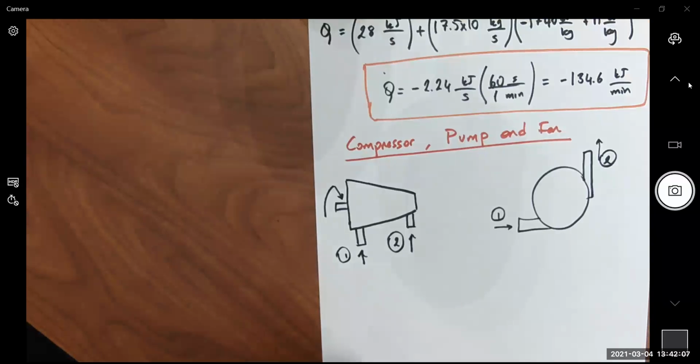Again, same rules as what we covered for open system devices: the first law of thermodynamics for open systems, with mass flowing through my boundaries and a constant volume.